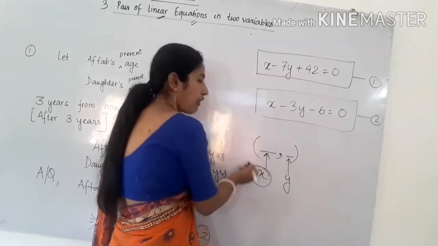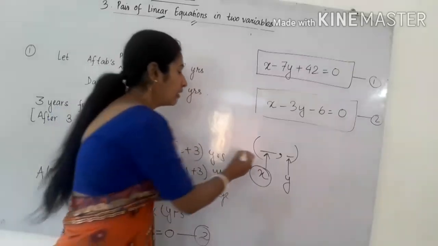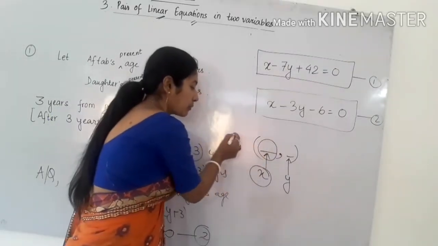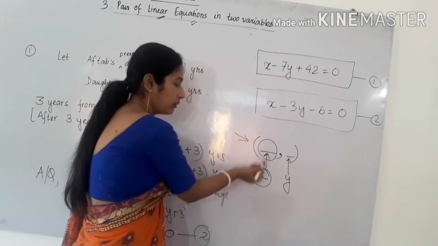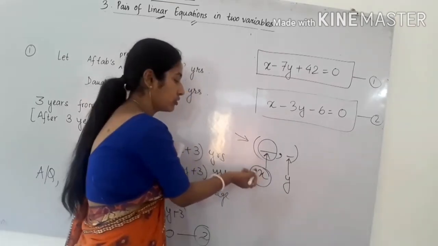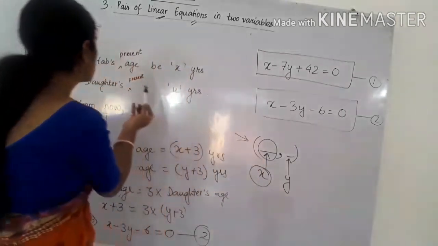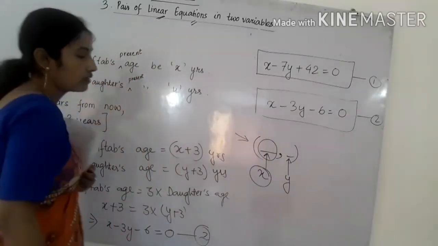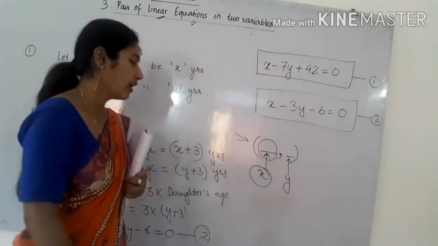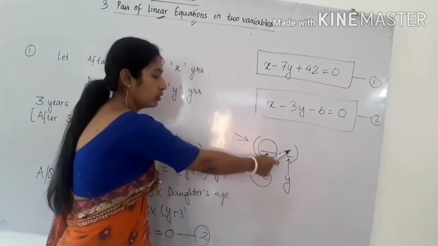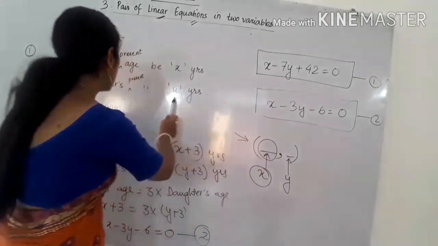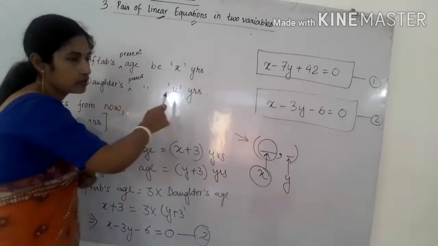So this common point will be the common solution. The value of x will be Aftab's age, and the value of y will be the daughter's age.